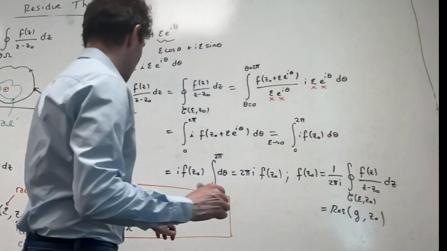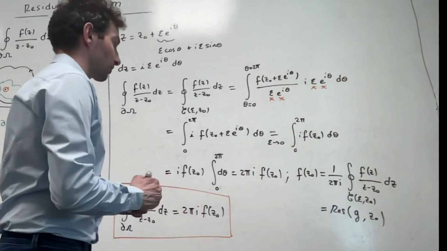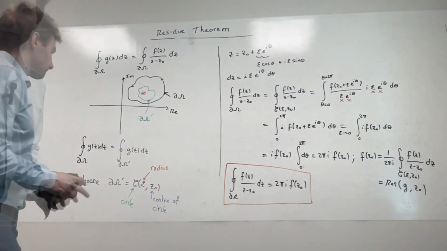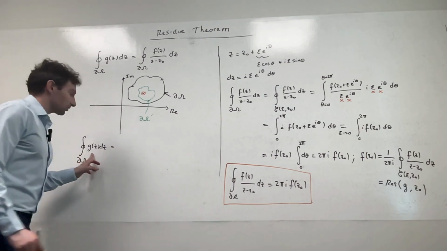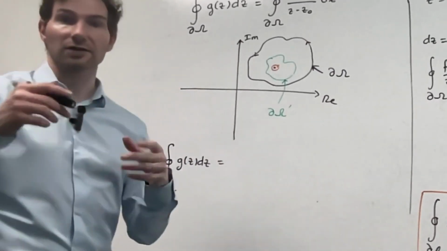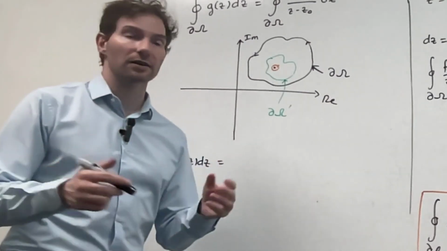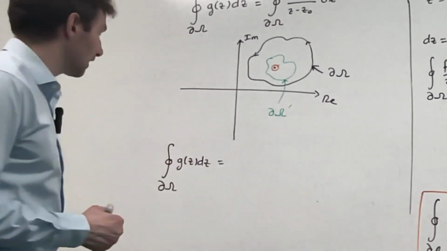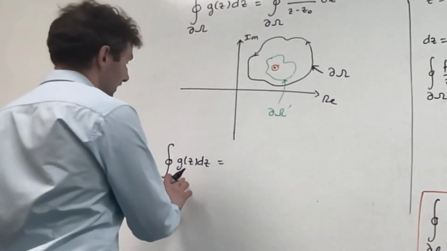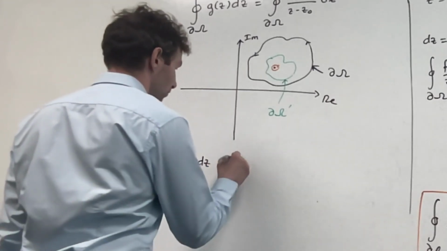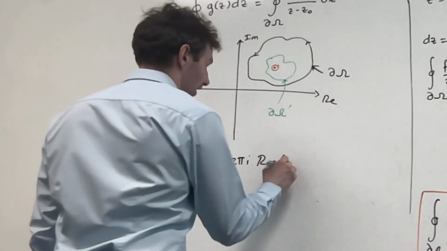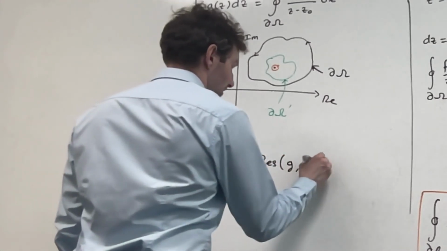And so essentially sometimes the way this is actually written, I'm going to erase very quickly here. You simply say that you've got a function with a pole, so a singularity, which is like 1 over z, so a first order kind of singularity, and then you simply say that this is equal to 2 pi I times the residue of g at z0.